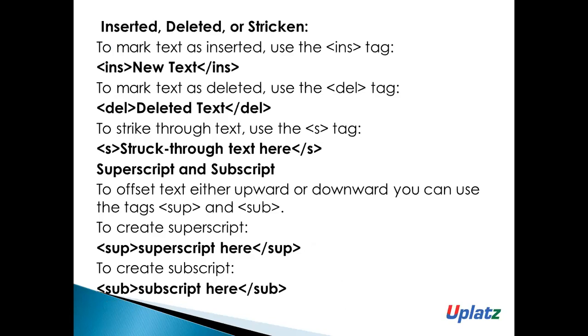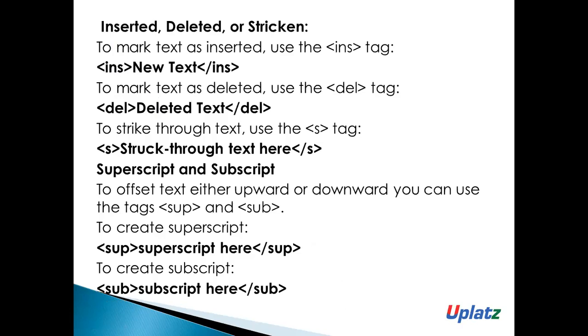insert, delete, or strike. So to mark a text as inserted, you can use the ins tag. In between, it has an opening and closing tag. In between the ins, you can give whatever text you want. To mark a text as deleted, you need to use the del tag.